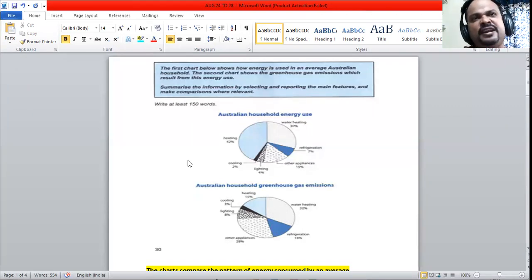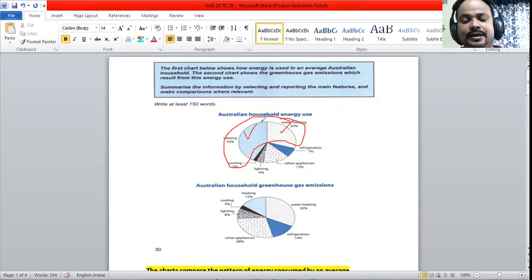And we can connect these things together here, because this is almost 75% heating purposes. It's water heating and general heating. It goes to 42 plus 30%.